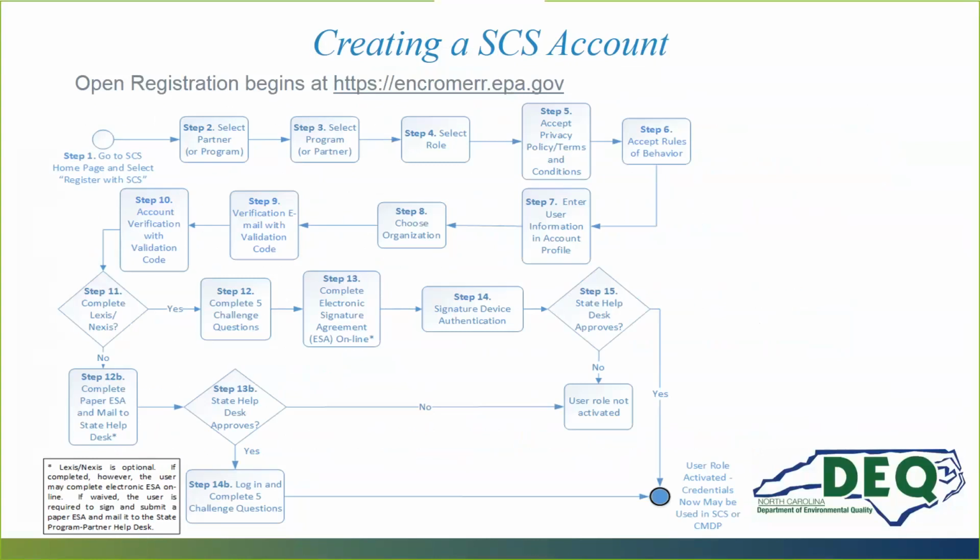Once you set up your profile information, you should get an email verification, and that'll give you a code that you can enter back into the SCS account. And then you can go through and start completing this LexisNexis identity verification. And this is going to require you to create 5 challenge questions.